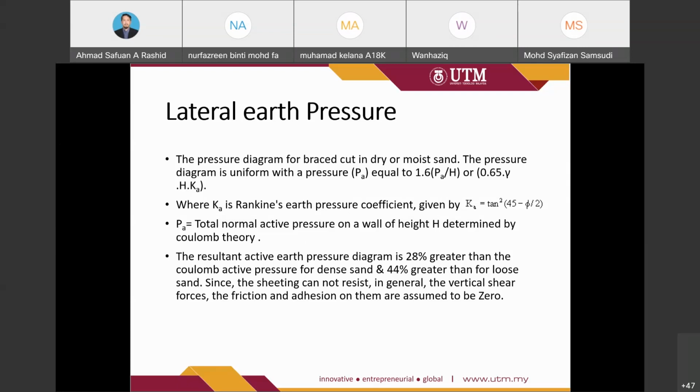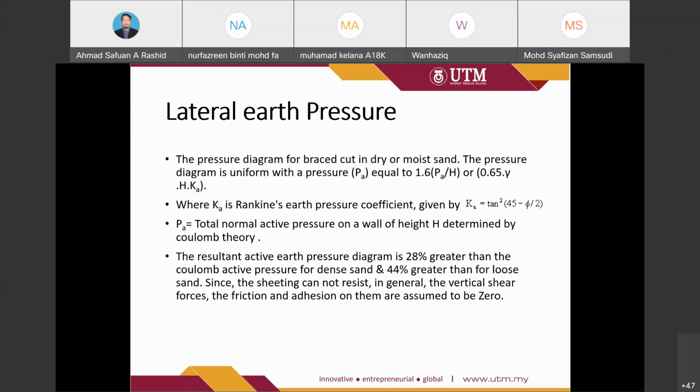So this is the approach that we can use for the sand. It is easier to use the 0.65 since we are familiar with the KA. The KA refers to the Rankine equation, tan squared of (45 minus phi over 2).